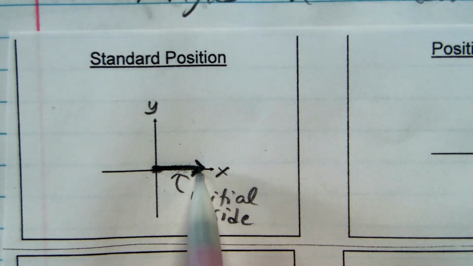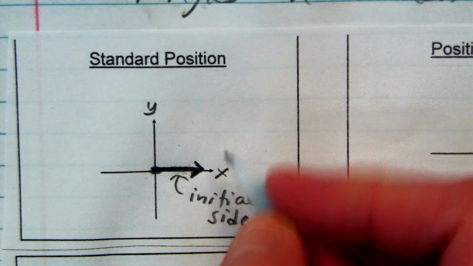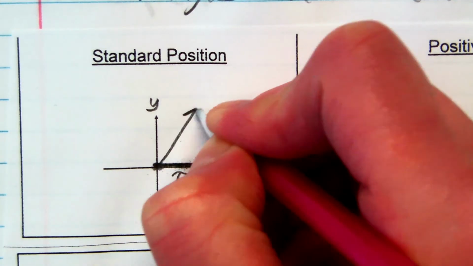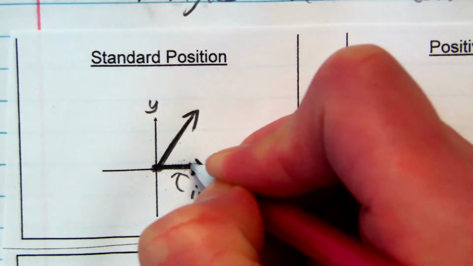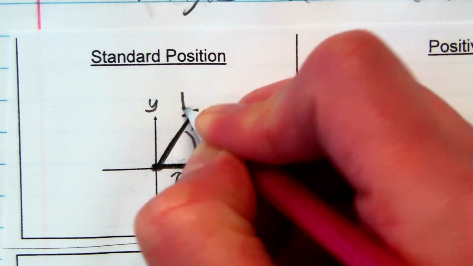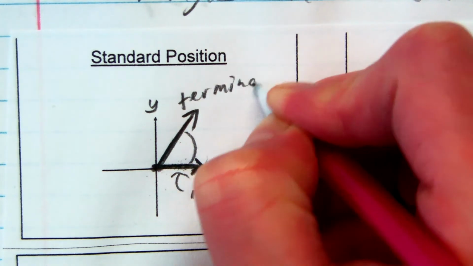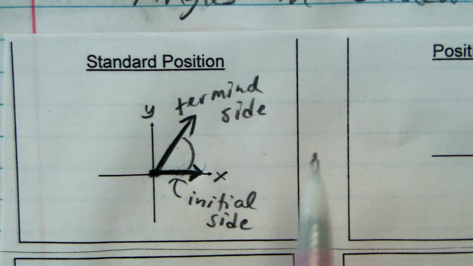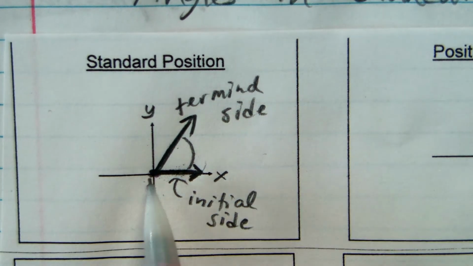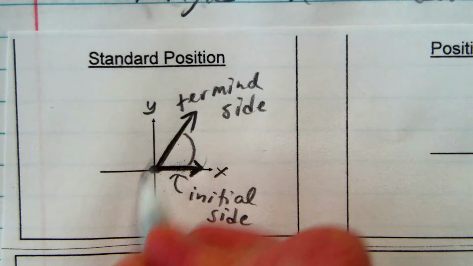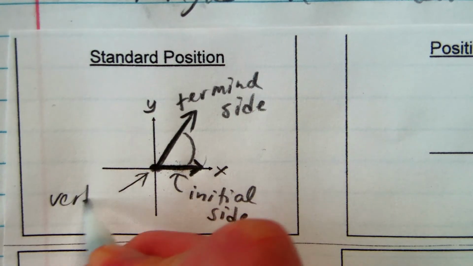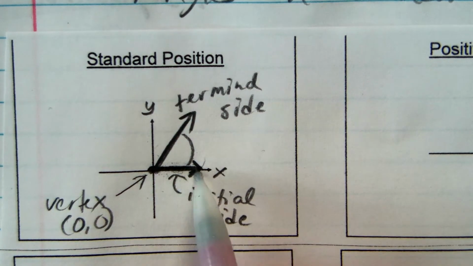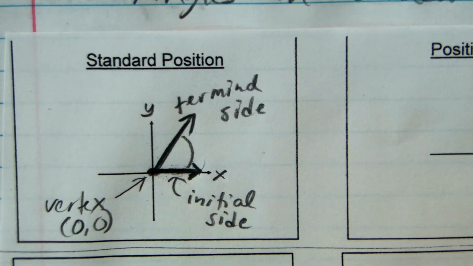Think about this as sort of a starting point, and then if I were to rotate it, I stopped right here. It's like I went from here to here. This is called the terminal side. But if you're going to have standard position, your vertex is at 0, 0, and your initial side has to be right there on the x-axis.